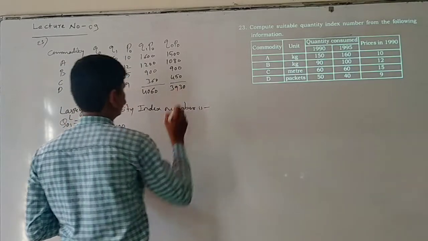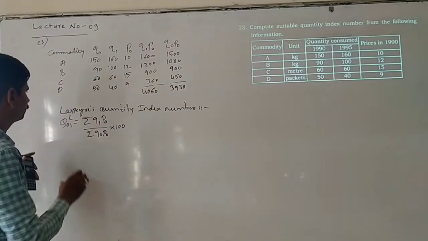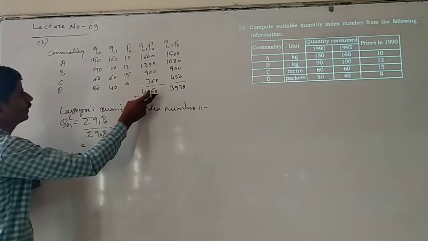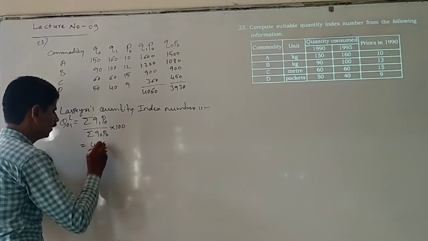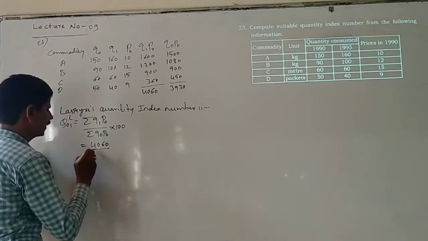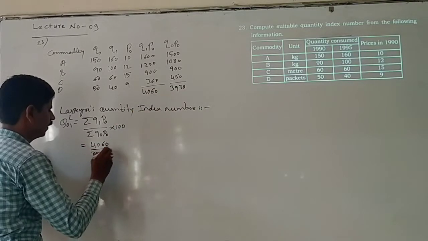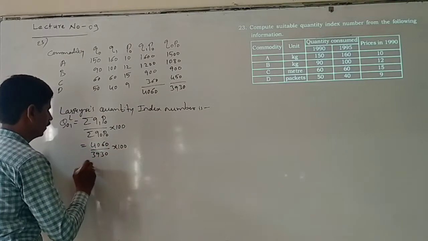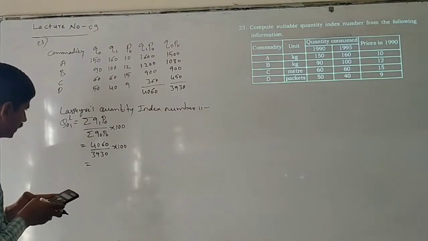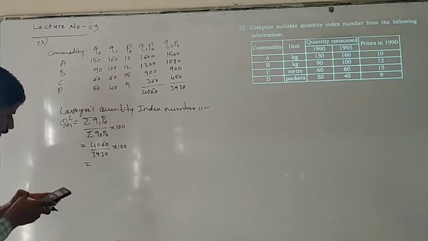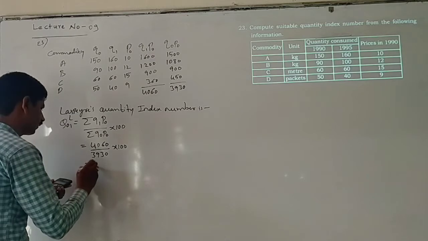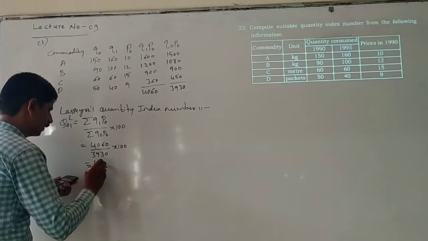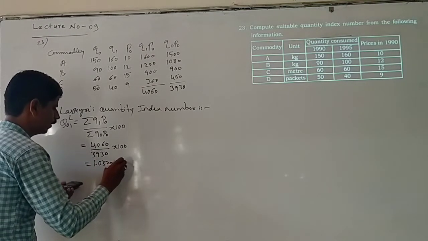You have to substitute the values. Sum of Q1 P naught is 4060 divided by sum of Q naught P naught is 3930 into 100. Here 4060 divided by 3930 is 1.0330 into 100.